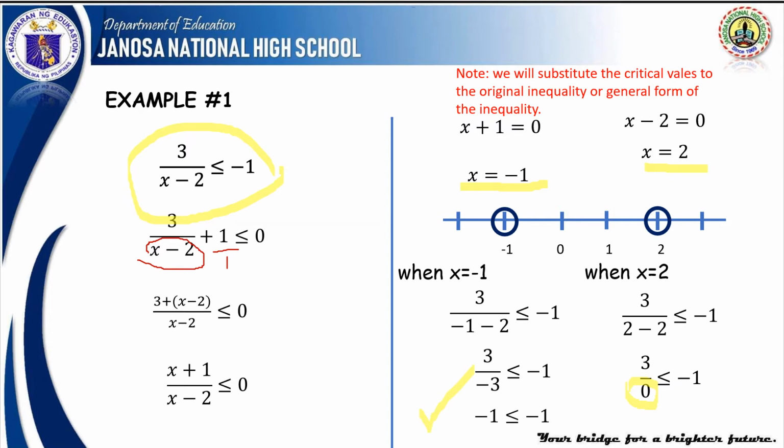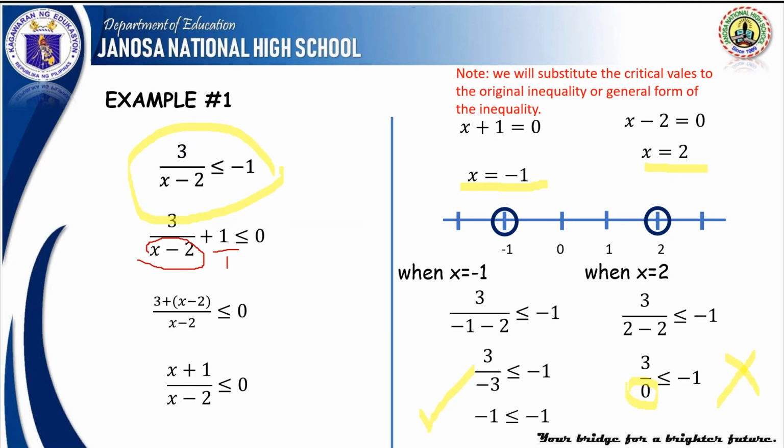So, in our previous lessons, when the denominator is 0, the expression becomes undefined, undetermined, or does not exist. Therefore, our critical value x is equal to 2 is not included in this solution.